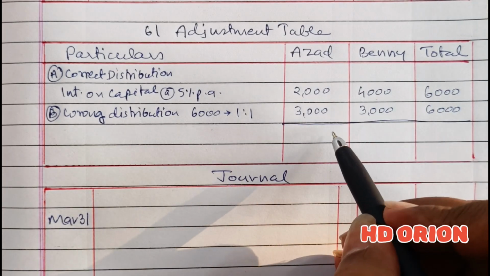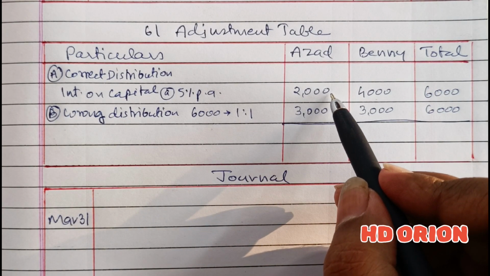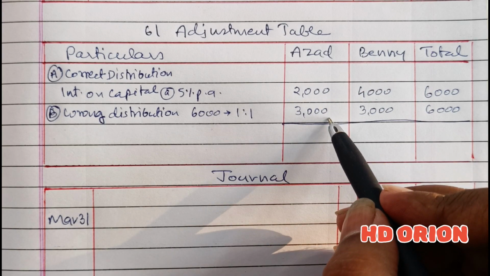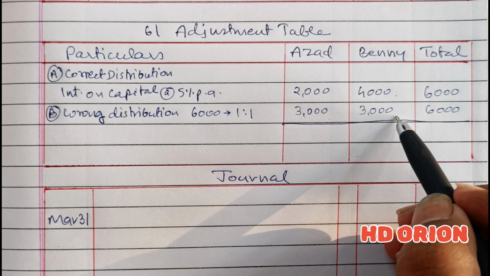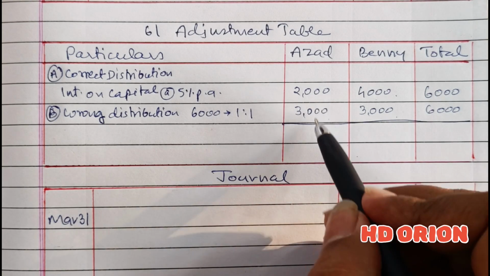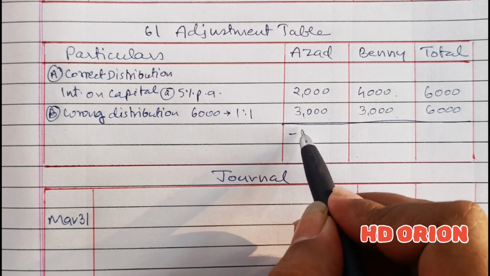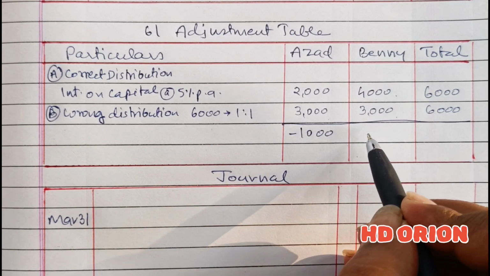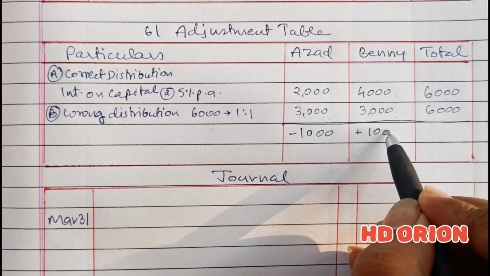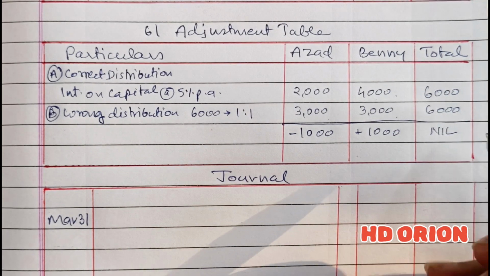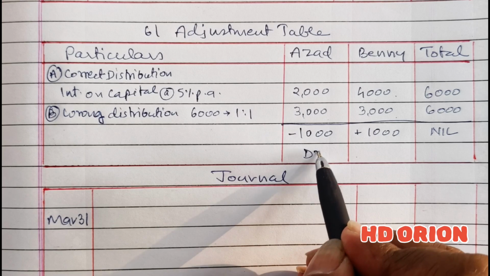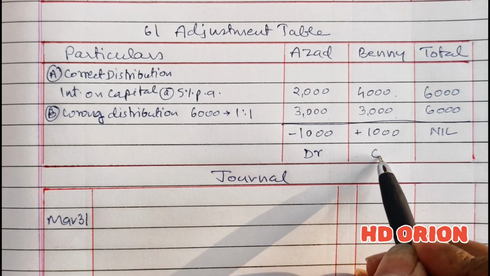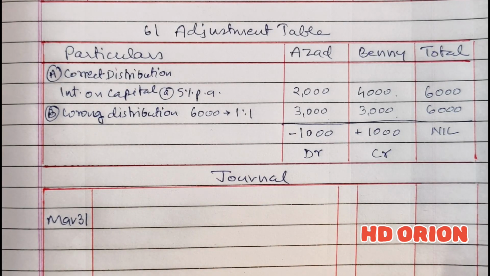So in this way we find Azad was supposed to receive 2,000 rupees, but by mistake he has got rupees 3,000. And Benny was supposed to receive 4,000 rupees and by mistake he got only 3,000 rupees. So when we compare this figure, here it is minus 1,000 for Azad and for Benny it is plus 1,000. So for the minus figure we have to debit the capital account, and for the plus figure we have to credit the capital account.